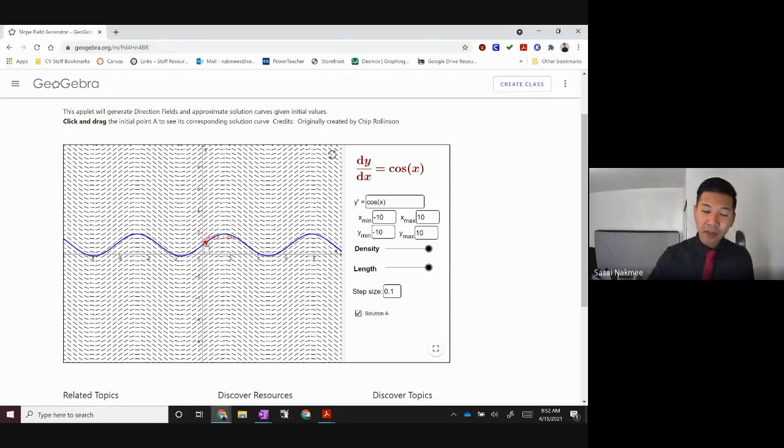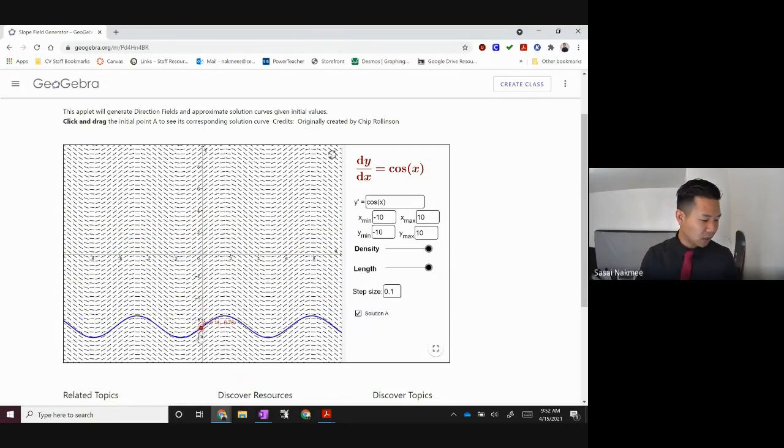And the function itself still looks like sine, because that's what the general equation was. It was sine of x, and then we just had a plus c that we need to figure out. And if it goes through this point over here, you still have this value over there that it has to pass through. So that's that idea. If you have an initial point that it passes through, you can sketch what that graph should look like. And you'll have problems like that as well.